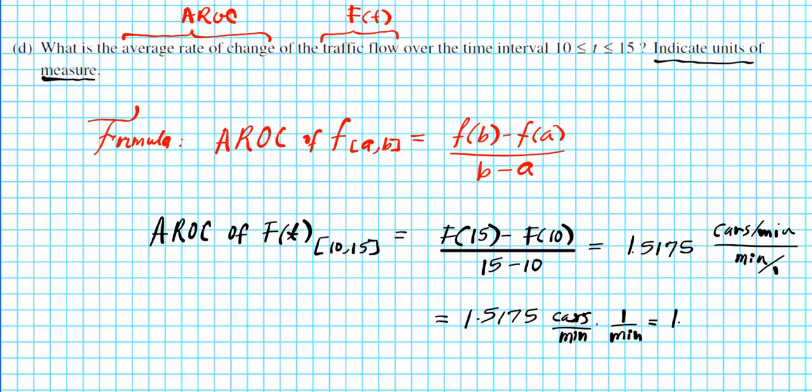And then you have the final answer, 1.5175. The numerator for the unit is cars, and then the denominator is minutes squared. Bam, okay? So go ahead and box your final answer so it's easy to grade. In this problem, you get a total of 1 point for your correct answer with the right units.